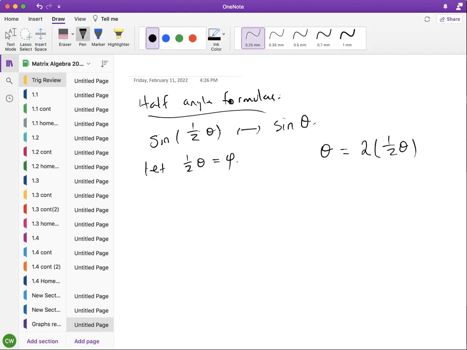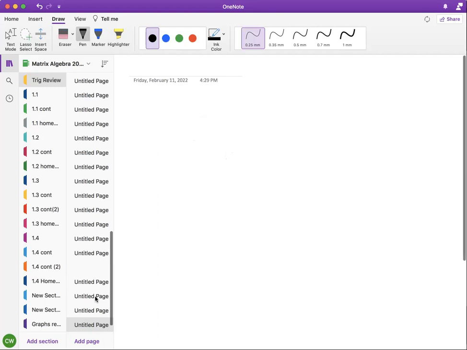So essentially, we can use the double angle formulas to figure out the half angle formulas. But I guess I won't go through that. The main thing I wanted to get to for this one was the inverse trig functions.